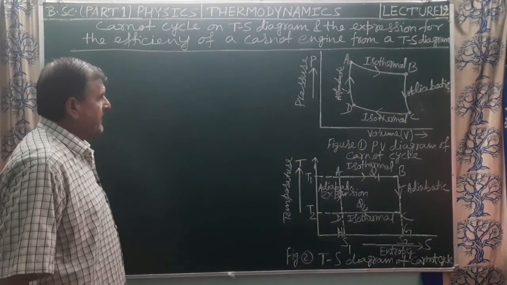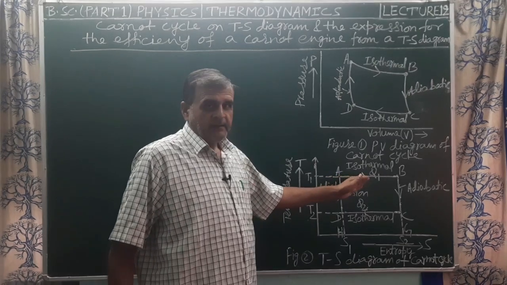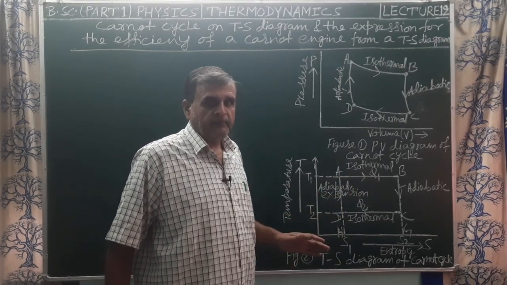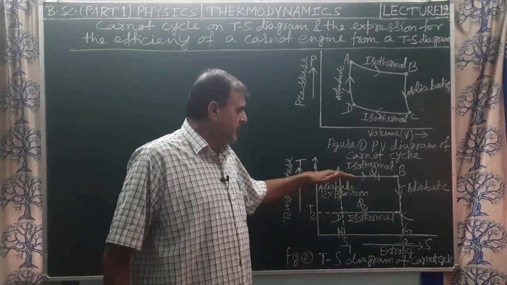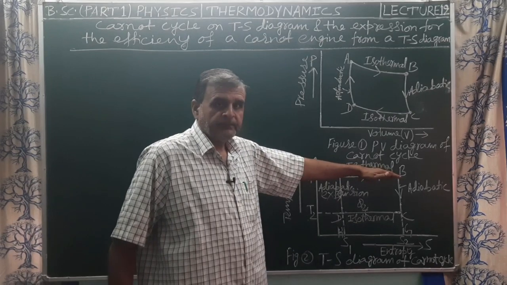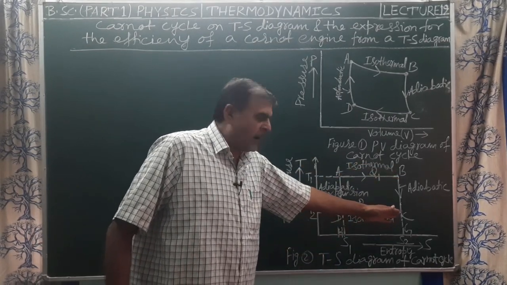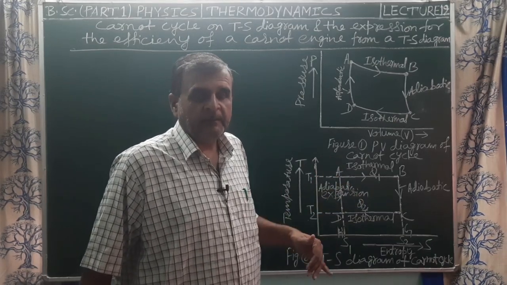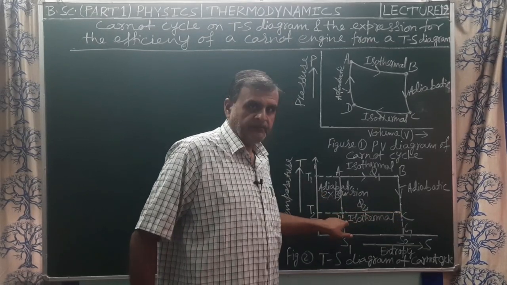For this, suppose Q1 be the heat absorbed by the system from the heat source during the process of isothermal expansion, and Q2 be the amount of heat rejected to the sink by the system, that is by the ideal gas, during the isothermal compression.